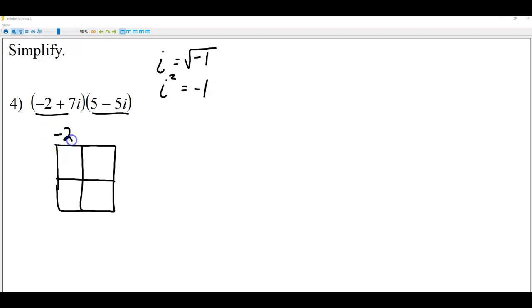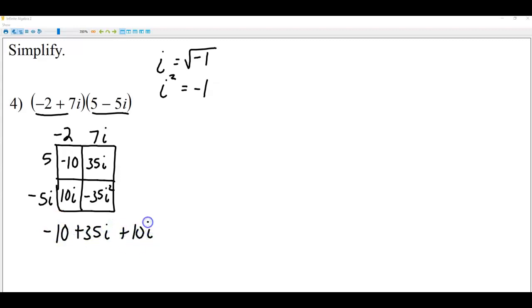All right, so let's go ahead and multiply these together using our box method here. So I've got -10. I've got 35i, 10i, and -35i squared. These can combine together to make 45i.